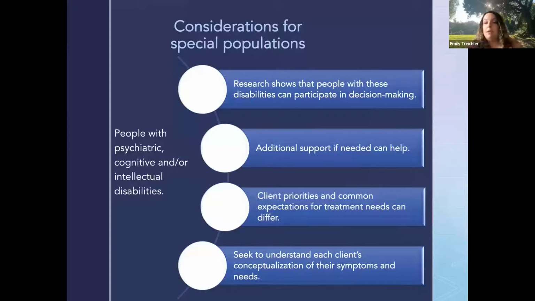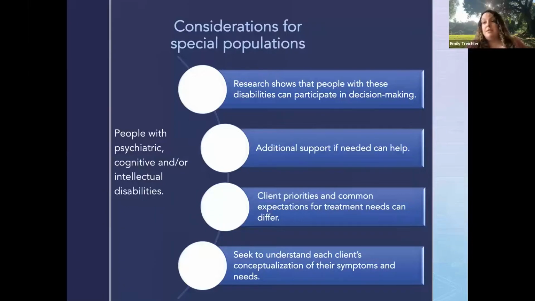And while some people with psychiatric, cognitive, or intellectual disabilities are also focused on those areas, they may be focused on other things as well, or different aspects of functioning than we might be thinking about. So they might be more focused on social connectedness, dating, or other things like that. And making sure that we really understand what they are looking for and have those clear joint recovery goals is really important. And understanding how they conceptualize their symptoms and their needs.